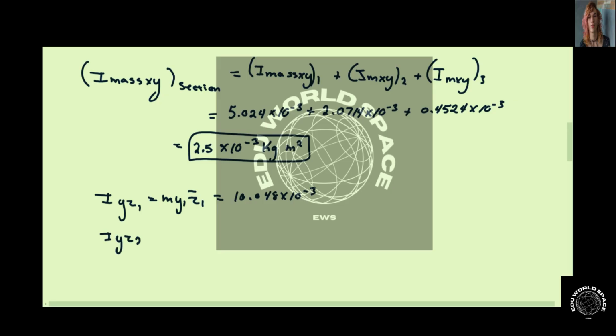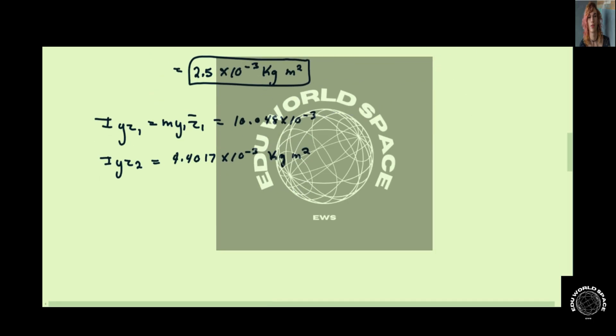I, y, z2 is just going to be 4.4017 times 10 to negative 3 kilograms meters squared. And I, y, z third is just going to be 1.5836 times 10 to negative 3 kilograms meters squared. It's kilograms meters squared because you're just doing m times y times z, okay?